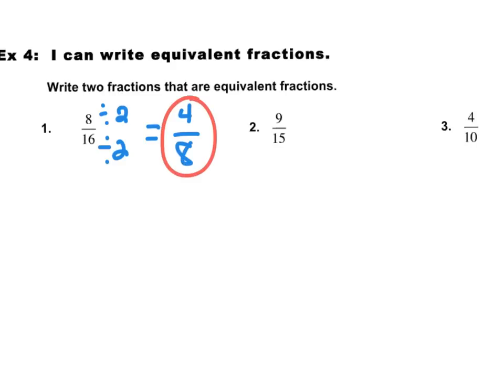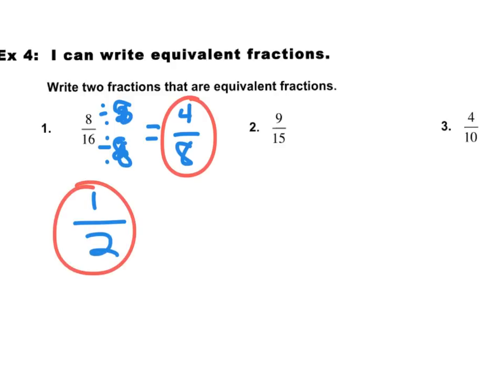Another way I could simplify that even further, I could have divided the top and bottom by 8, right? And I could have ended up with a fraction of 1 all over 2. That's an equivalent fraction.